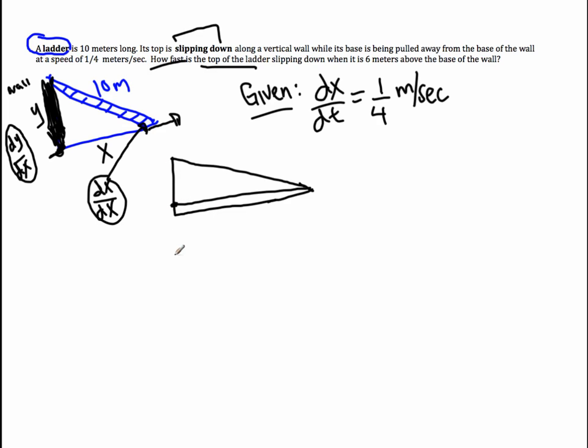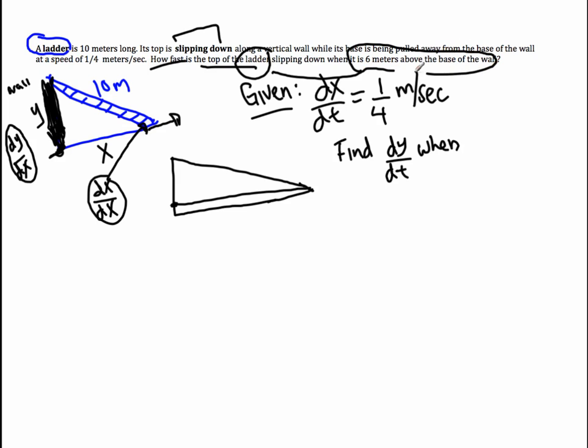So find dy/dt, how fast it moved down, when the ladder is 6 meters above the base of the wall.